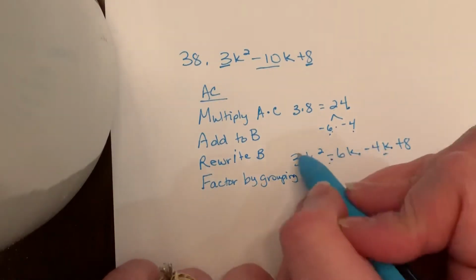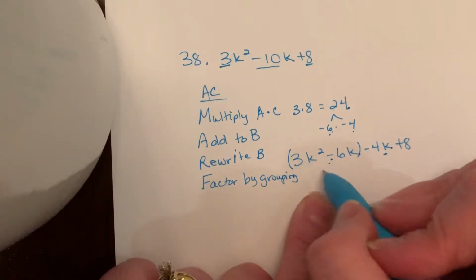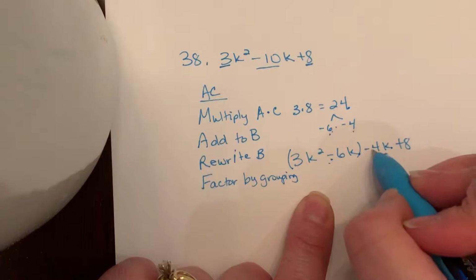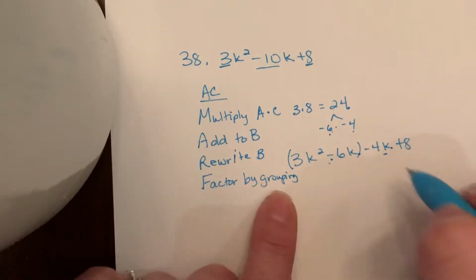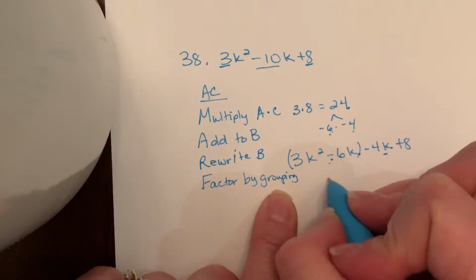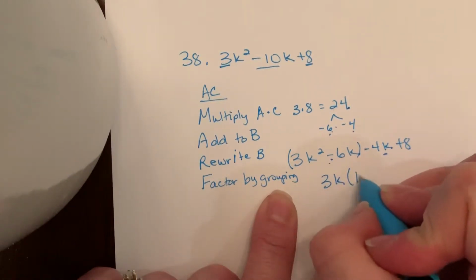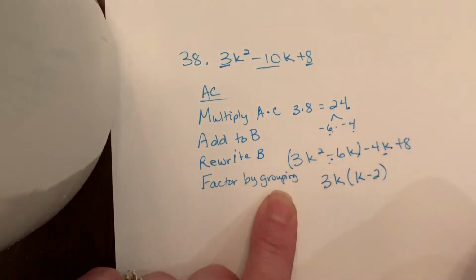We're going to group together our 3k squared minus 6k, and our negative 4k plus 8. We'll start with this one. We're going to factor out 3k here, and we end up getting k minus 2.